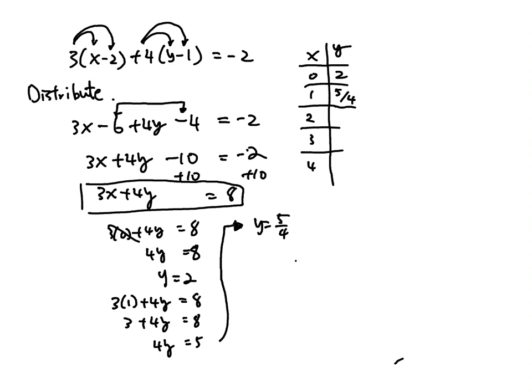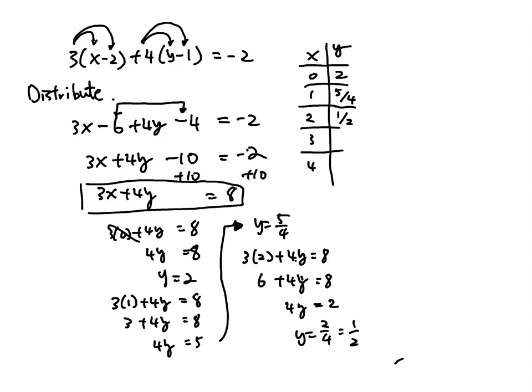Okay, let's see what happens when x equals 2. So 3 times 2 plus 4y equals 8. 3 times 2 is 6. 6 plus 4y equals 8. So 4y equals 2, and y equals 2/4, which is 1/2. Still not as good.